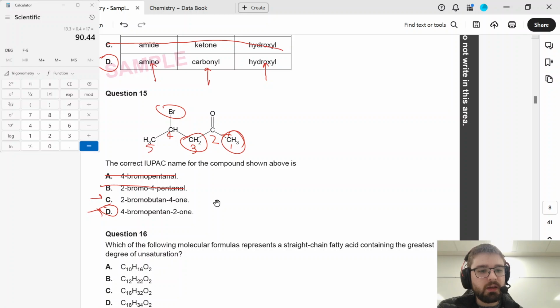In A, the number of hydrogens is 2n minus 4. In B, it's 2n minus 2. C is 2n. D is 2n minus 2.